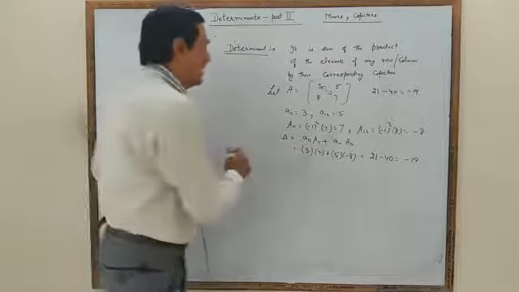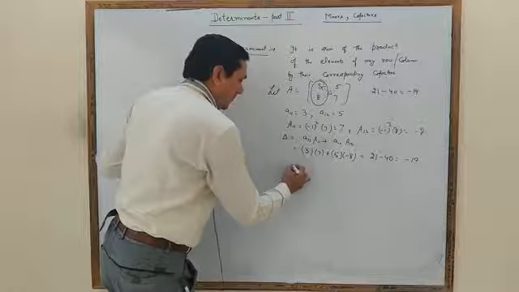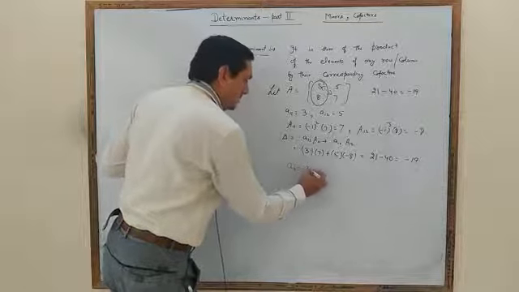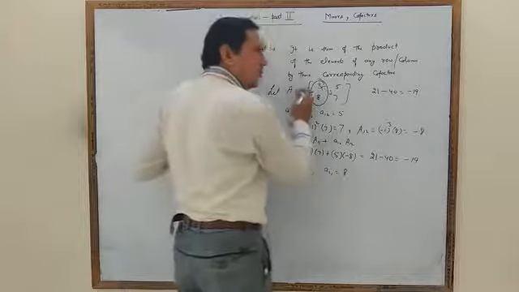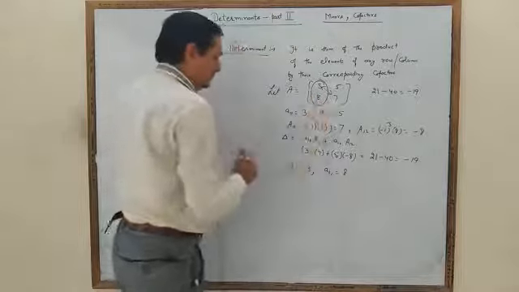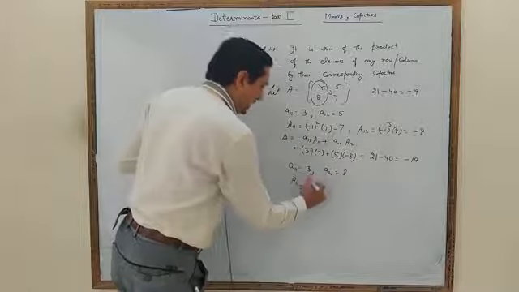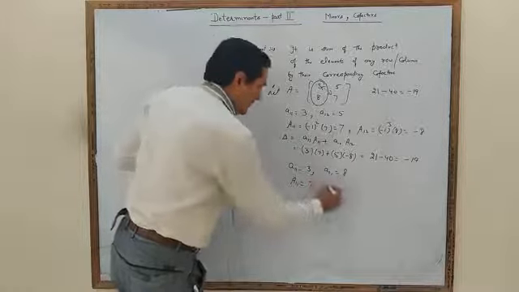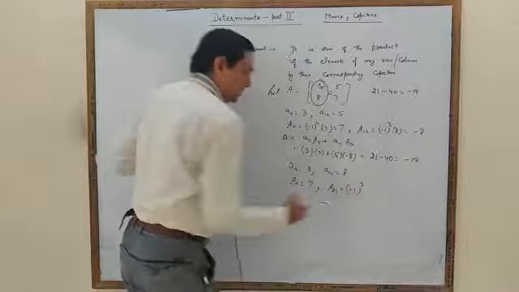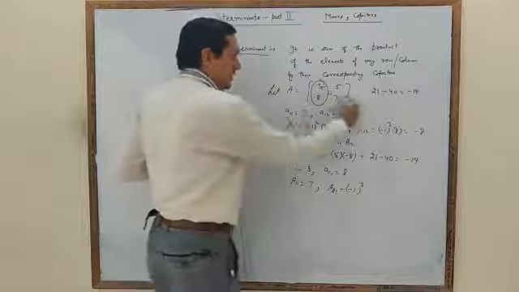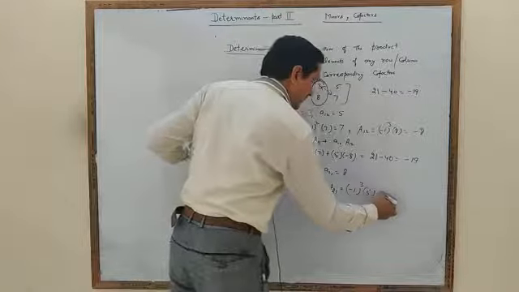We shall try it with the first column also. First column, element a11 is 3, a21 is 8. Now capital A11 we have calculated a little while earlier. A21: -1 raised to the power 2 plus 1, delete second row and first column, 5. It is -5.